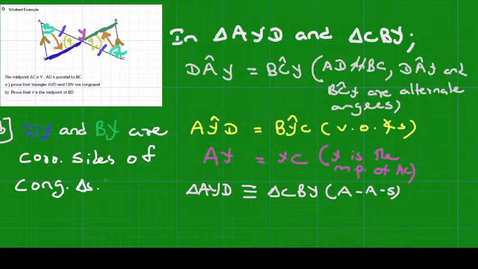Therefore, DY equals BY. What's the rule? If the triangles are congruent, their corresponding sides are equal.